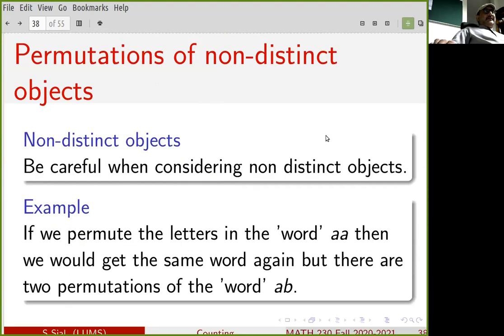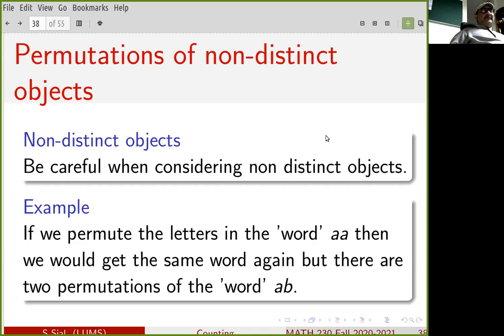Now, let's say we have non-distinct objects. We have to be a little bit careful. Let's say we want to write a two-letter word, and both the choices we have for the letters are A and A. If you interchange the two symbols, it still spells the same word, right?